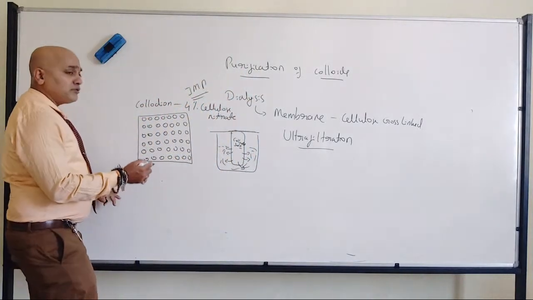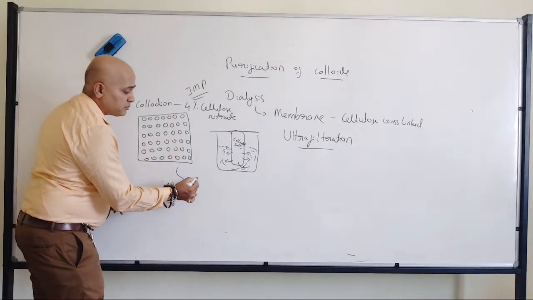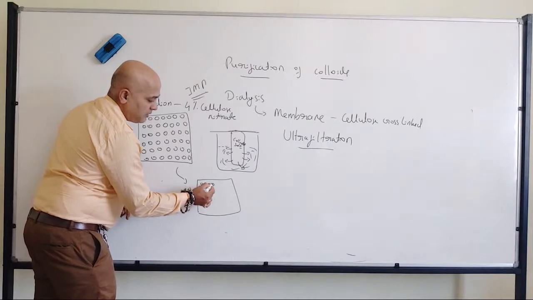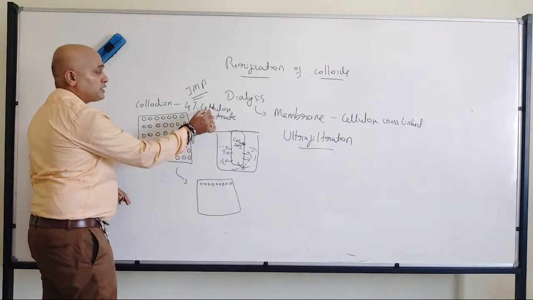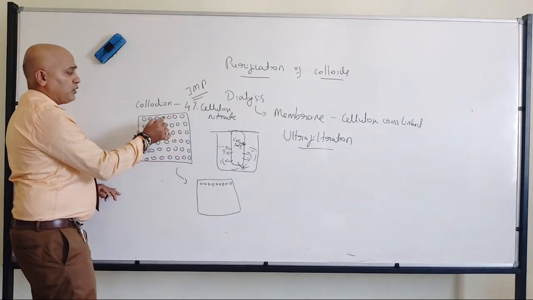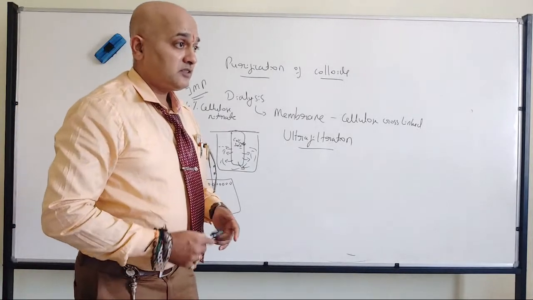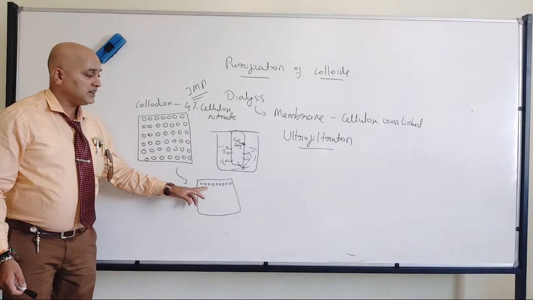Now, due to that, what will happen? The pore size will become much smaller, because these molecules will be cross-linked to the pores. So they decrease the pore size once again. Naturally, much smaller particles can be separated in this.